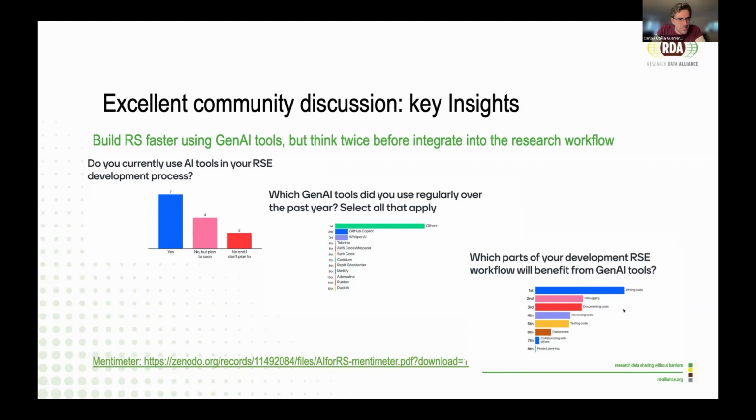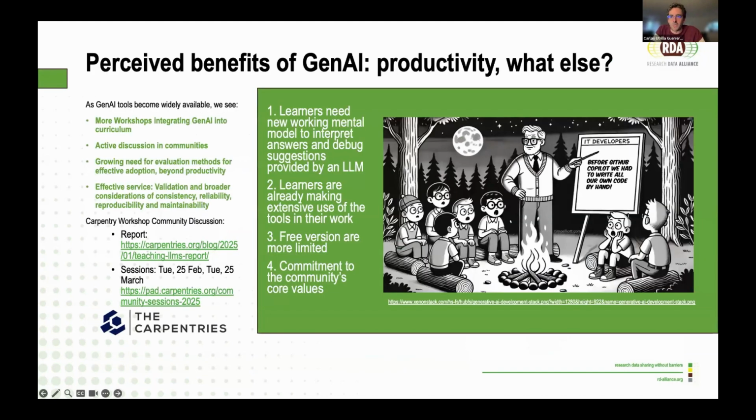Of the 15 participants, more than half actually use generative AI tools, and mostly they were using GitHub Copilot. Within the development workflow, almost all of them saw added value in writing code, debugging, and documenting code automatically. Those are the benefits for almost all the participants.